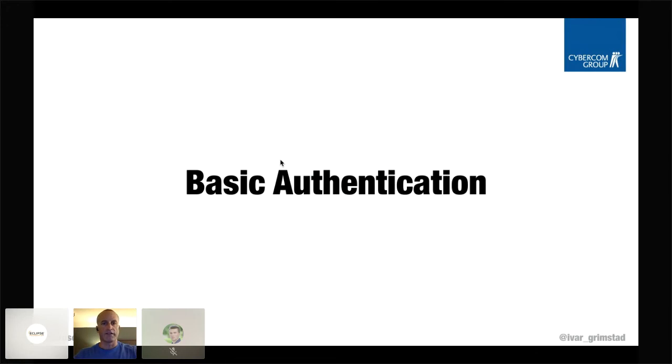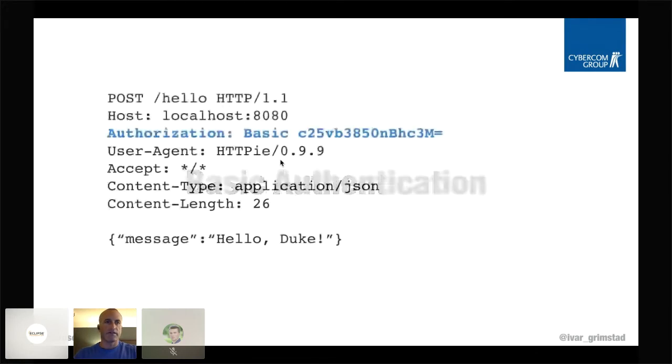We all know the basic authentication mechanism, which is an authorization header in the request saying basic, and you have your password there. It's hashed, but still, you just send a password or token in your request with the basic prefix, and it's sent with every request.